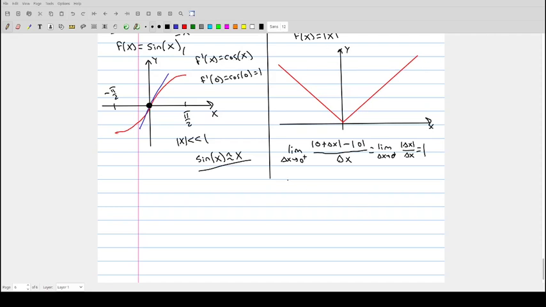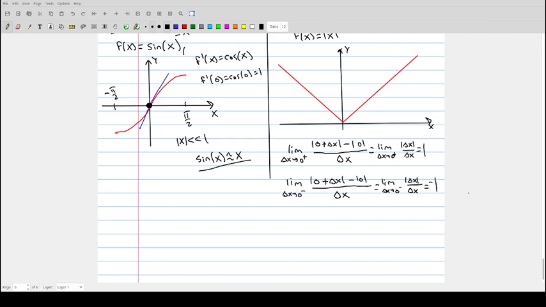But if you do this exact same limit from the left-hand side, where the limit as delta x approaches 0 from the negative side, where delta x is negative, the limit for the derivative of this function is the limit of 0 plus delta x minus the absolute value of 0 over delta x, which is the limit as delta x goes to 0 from the negative side of the absolute value of delta x over delta x, which is equal to -1.